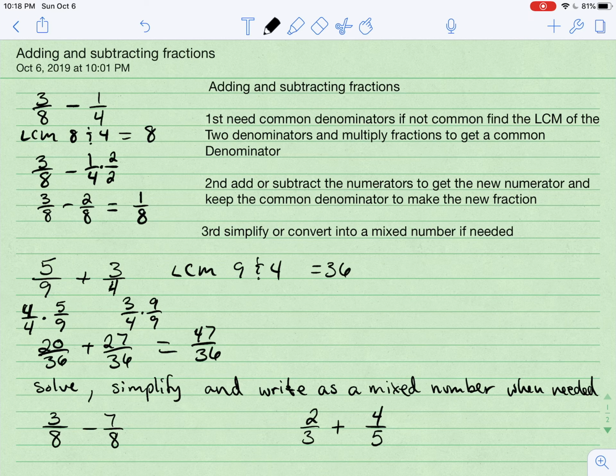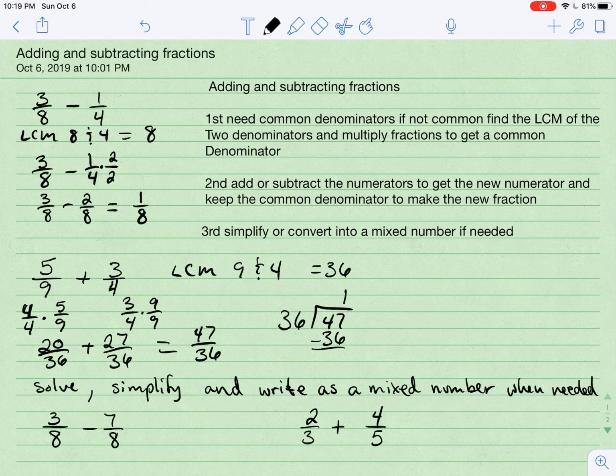All right, so now we have an improper fraction, and so third, it says simplify or convert into a mixed number if needed. So to convert into a mixed number, we put the numerator under the bracket, divide by the denominator. 36 can go into 47 once, 36.